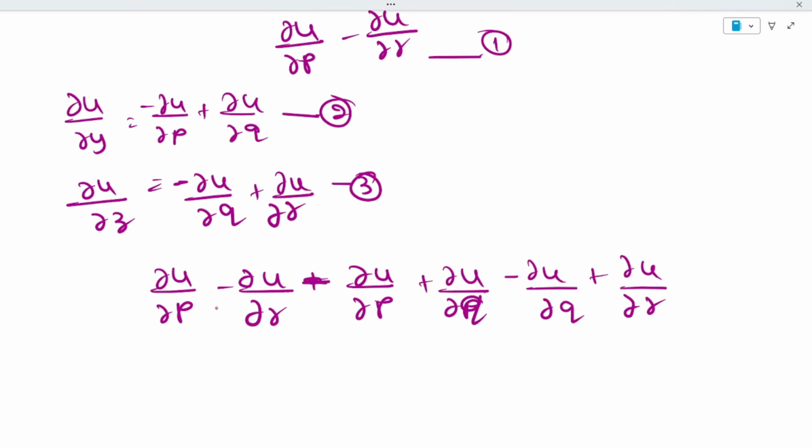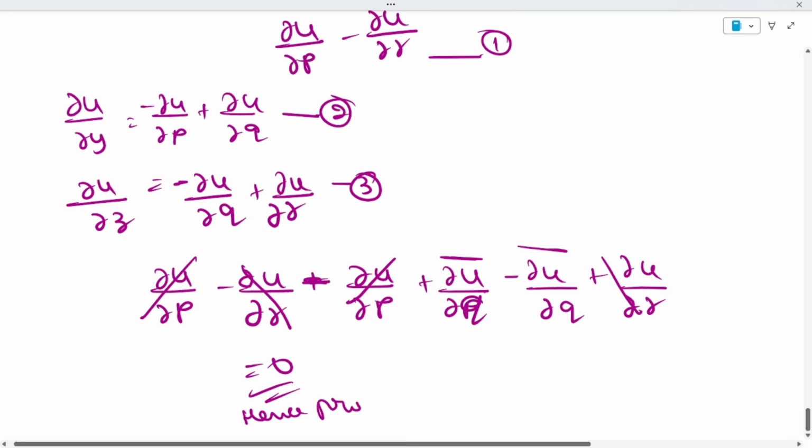Del u divided by del p, here it is plus and here it is minus, so it will get cancelled. Del u divided by del r, here it is and here it is, it will get cancelled. And this will also get cancelled. Plus minus will give you the answer. Hence proved. This was the second topic.